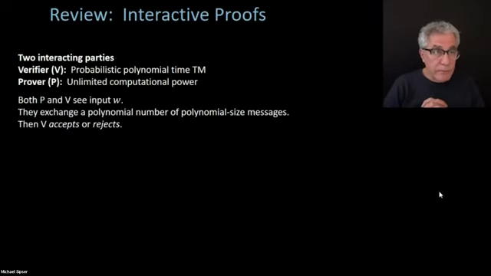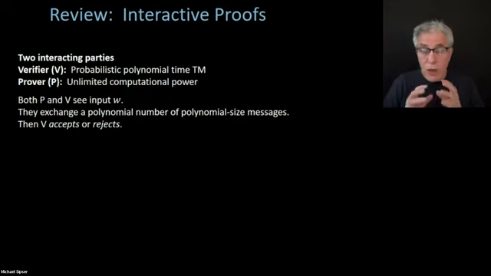Just remember, interactive proof systems have these two parties, the prover and the verifier. The prover has unlimited computational ability. I modeled that as an army of students, perhaps, who can work all night and use computational resources.